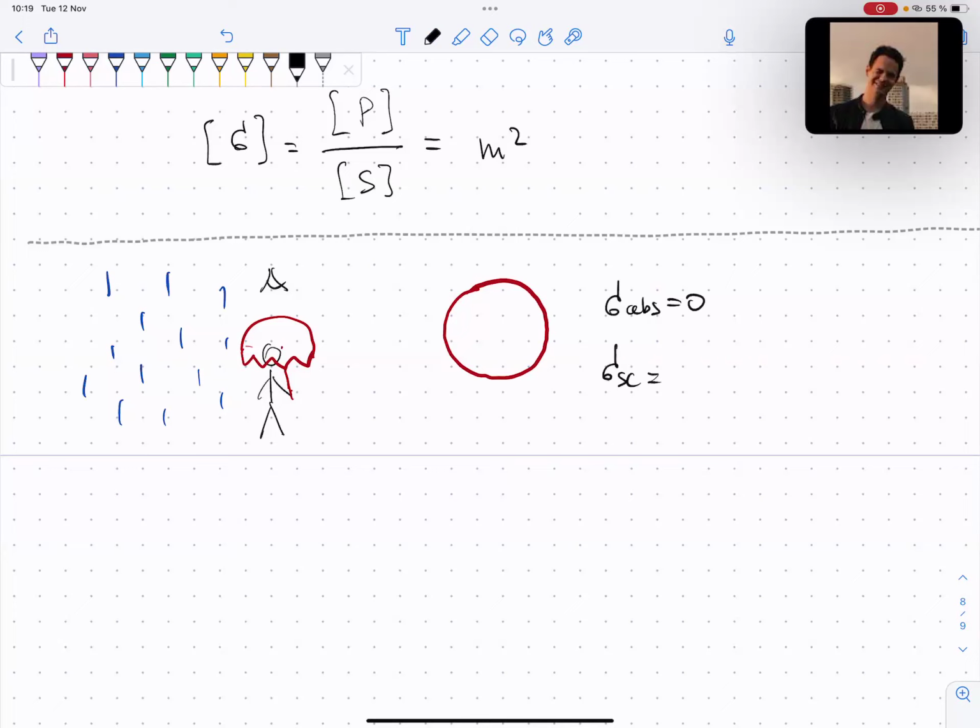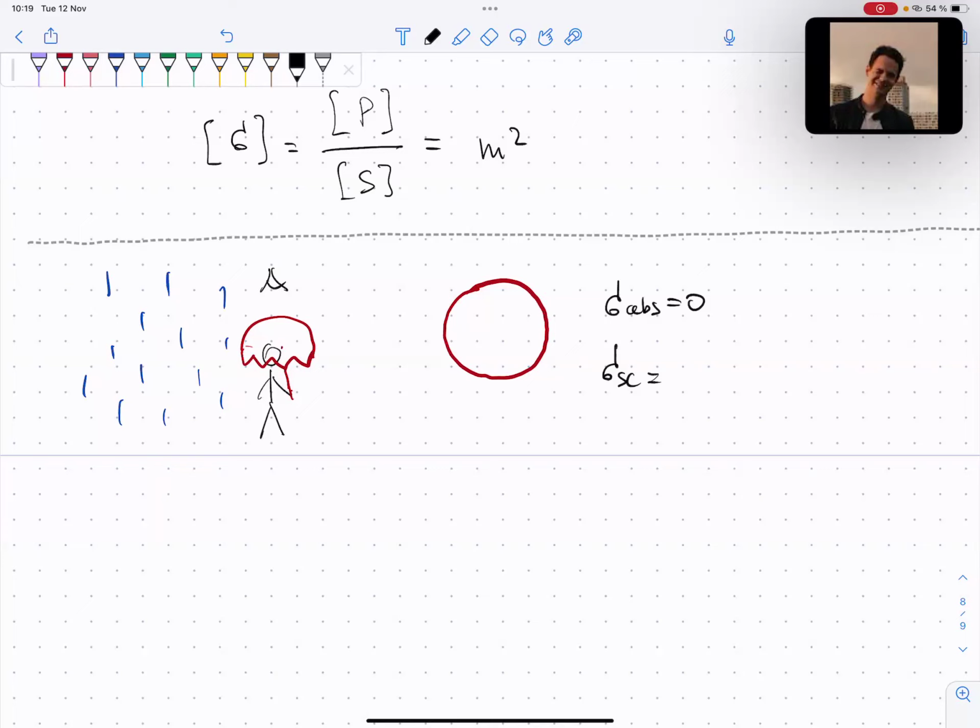sorry, I forgot the word. So it will be just equal to the number of particles scattered, incident on this umbrella. Maybe give me a second.